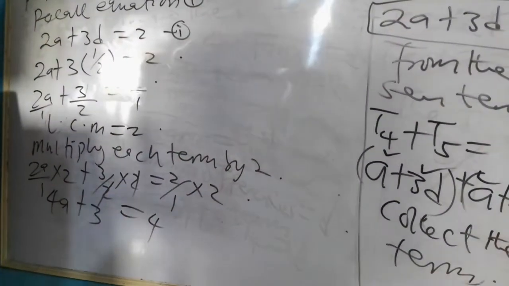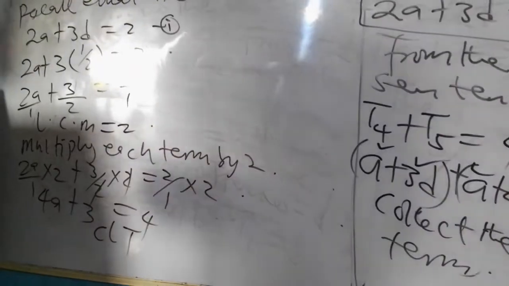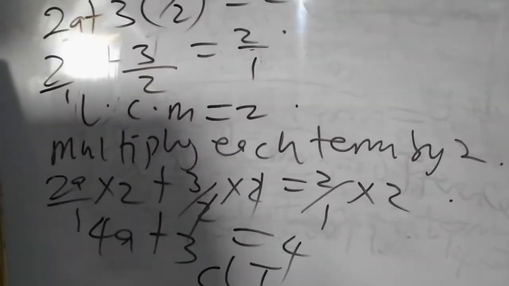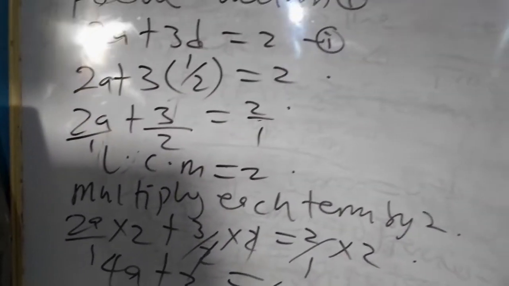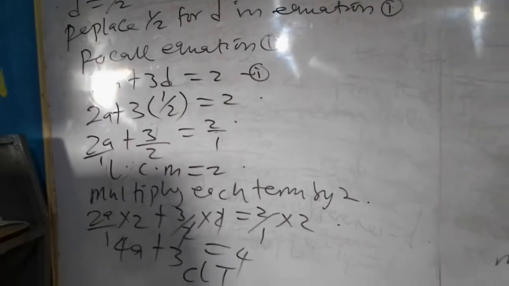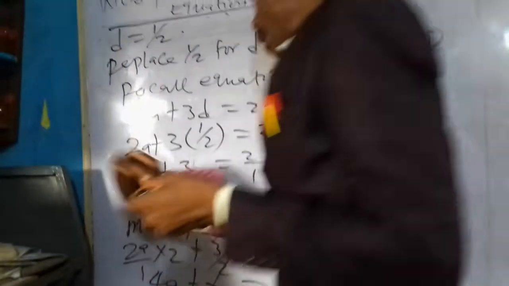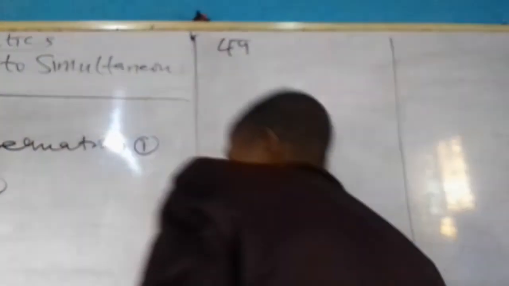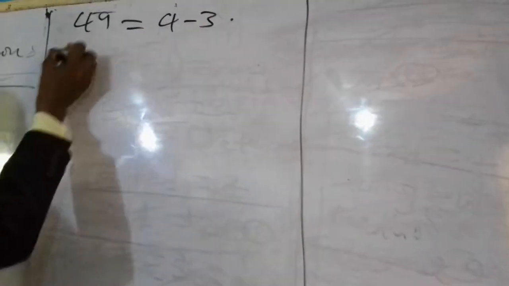What do we do? We now collect the like terms. We want to collect the like terms, those common to the left-hand side and the right-hand side of the equation. 4A will now be equal to 4 minus 3. 4A is equal to 4 minus 3, that is 1.